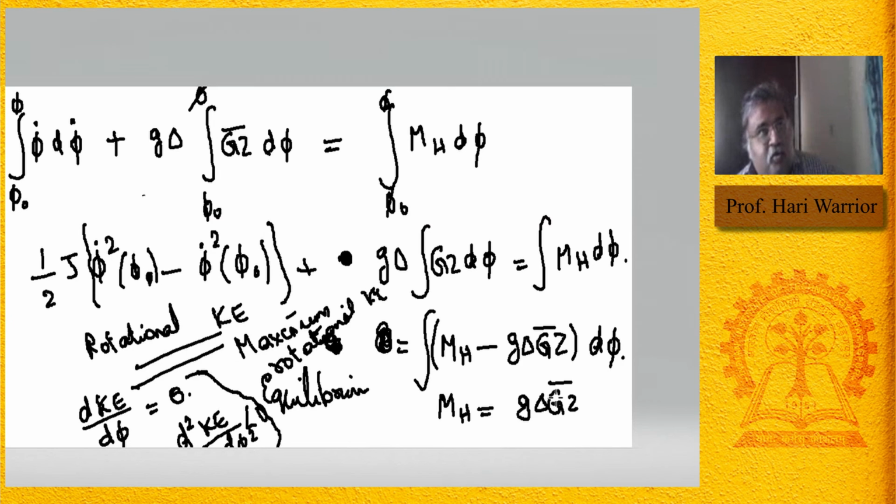This says that the healing moment must be equal to the righting moment. So when you are having an equilibrium, the healing moment must be equal to the righting moment. That is the first condition that you straight away get from this. And the second condition, let me write it properly.